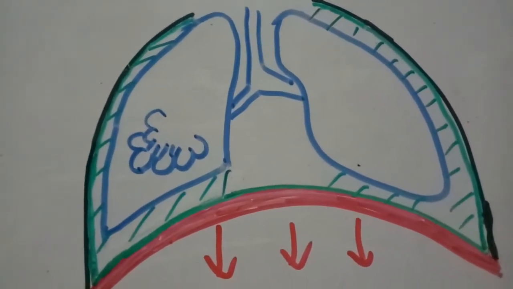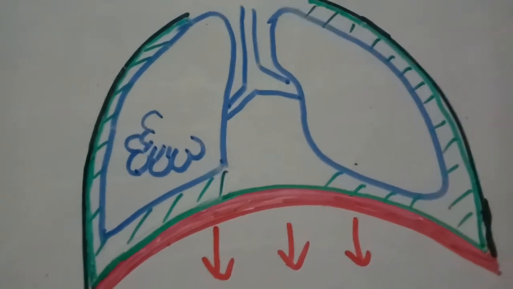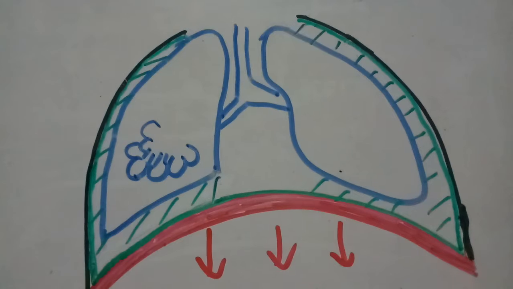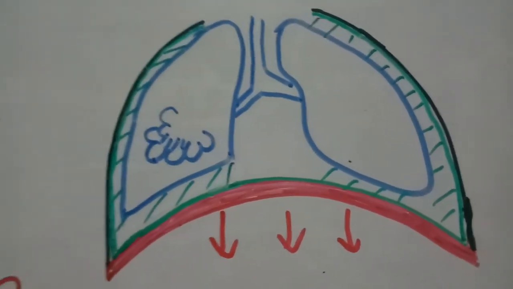And the second is body temperature. Our body temperature is almost constant. So we have the fixed mass of gas and we also have the fixed temperature, so we can apply Boyle's law.